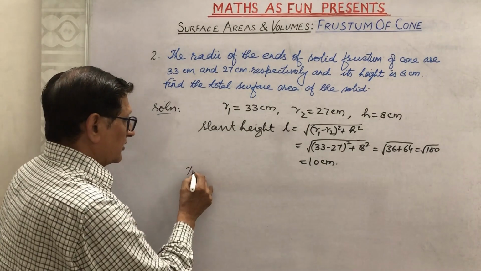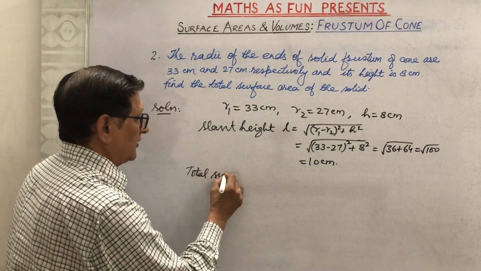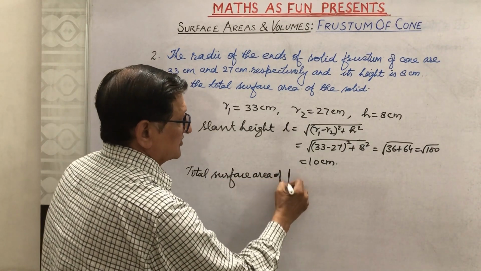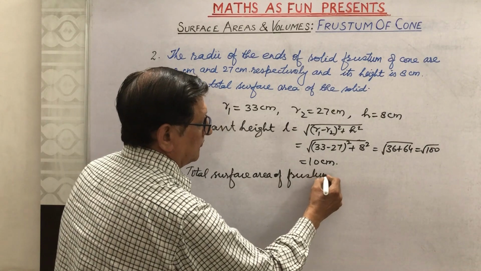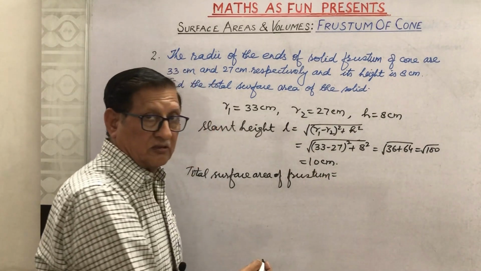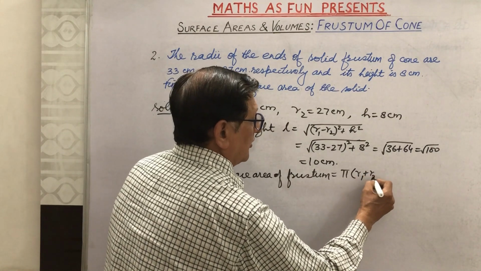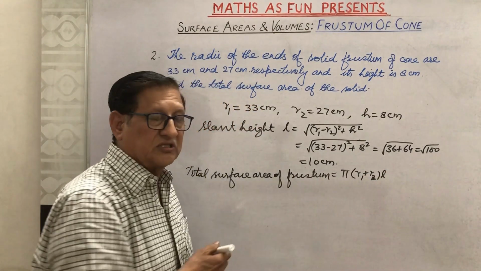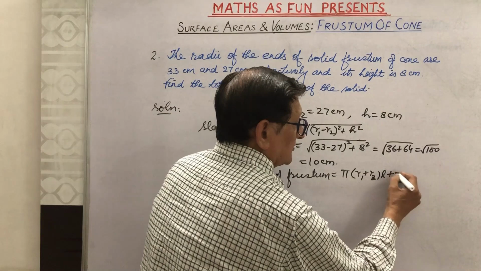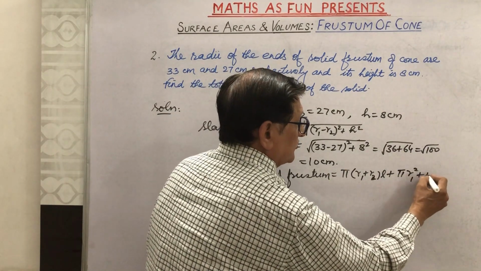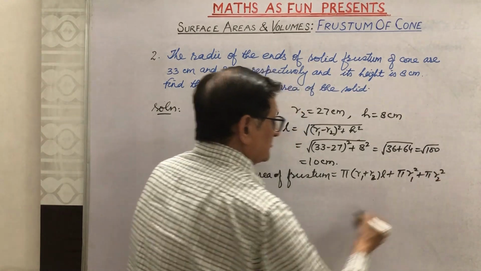We can write total surface area of the frustum, that is pi into R1 plus R2 into L. This is the curved surface area, plus the areas of two circular faces, that is pi R1 square plus pi R2 square.